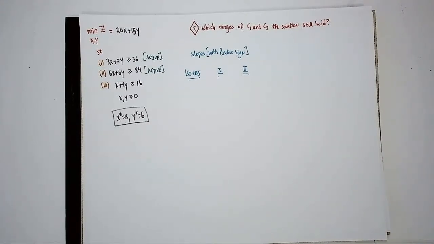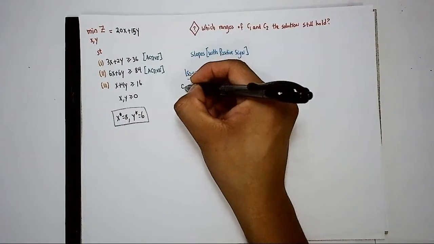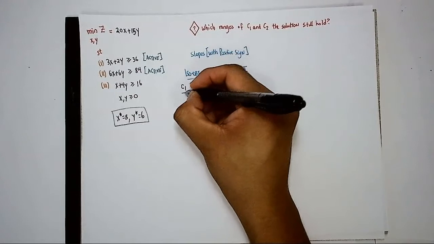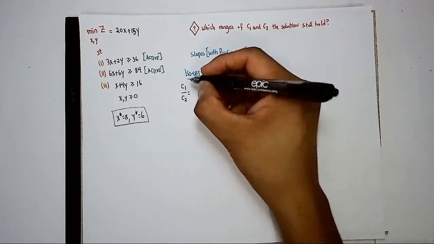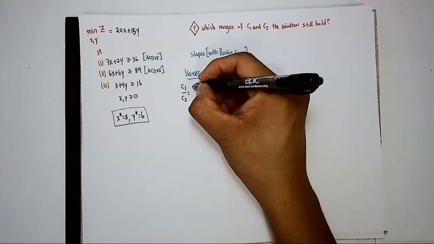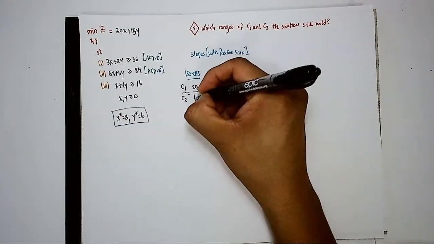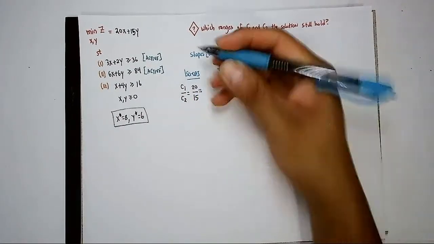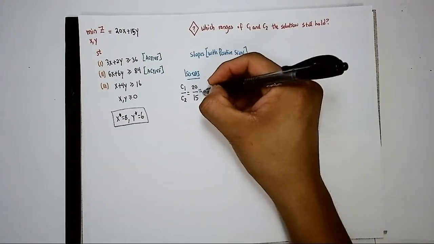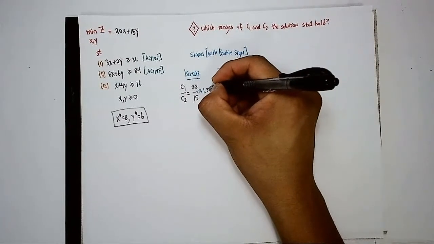The slope of the iso-objective is the coefficient of x divided by the coefficient of y. In other words, 20 divided by 15, which is about 1.33.